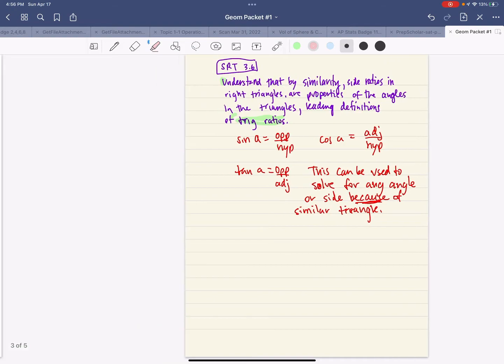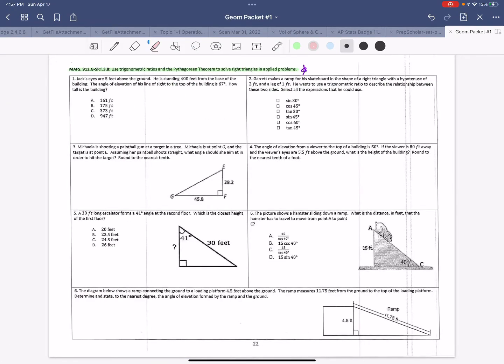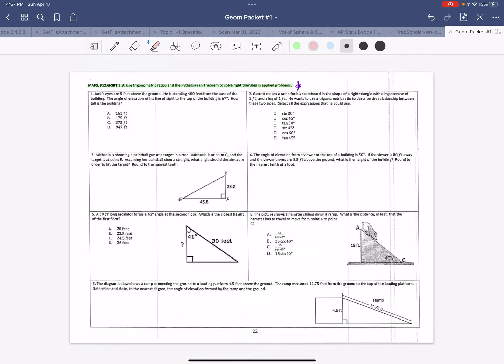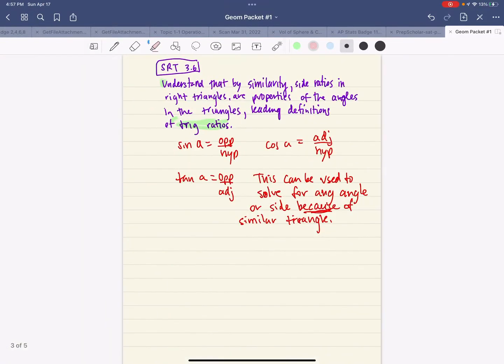Okay, next learning goal, use Trig and Pythagorean theorem to solve right triangle problems. All right, SR 3.8.